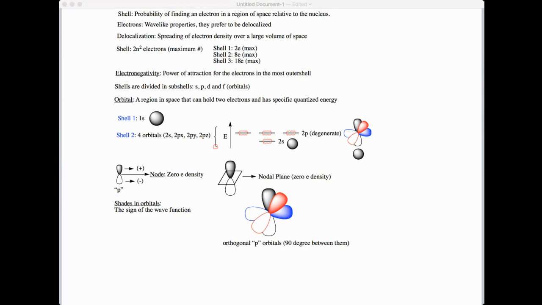Okay, the sign of the wave function again. That's a little bit advanced, but I'll try to make it simple for you. As I said, the electrons have wave-like properties.